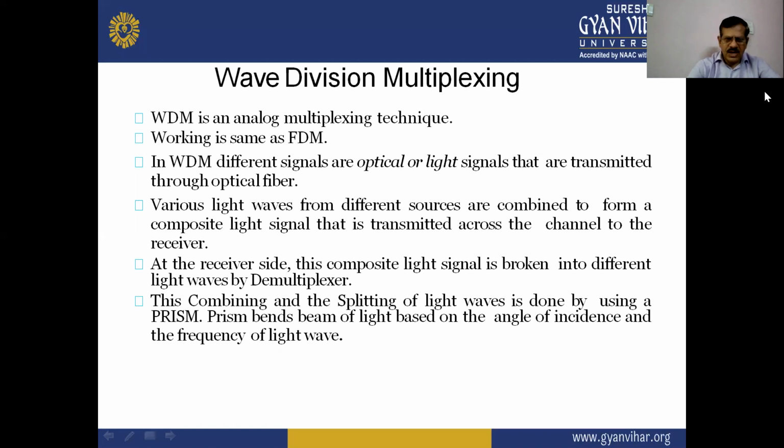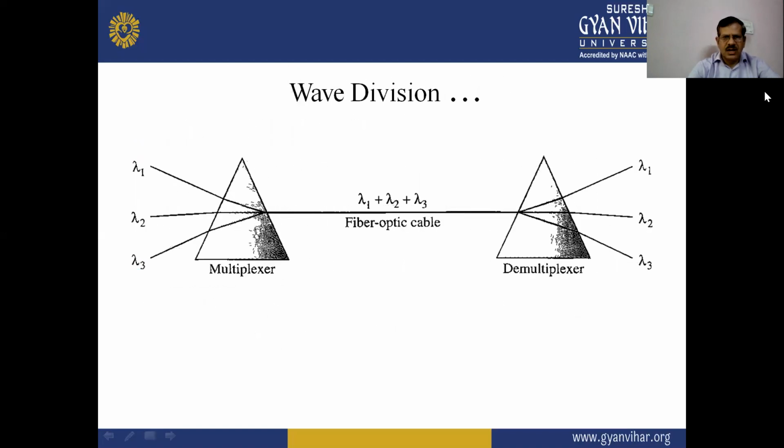So this combining and splitting of light waves is done by using a prism. Prism bends the beam of light based on the angle of incidence and the frequency of the light wave, and we can see in this diagram the wave division multiplexing, WDM.